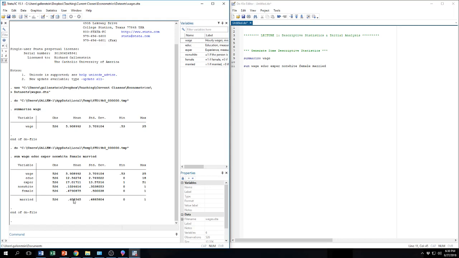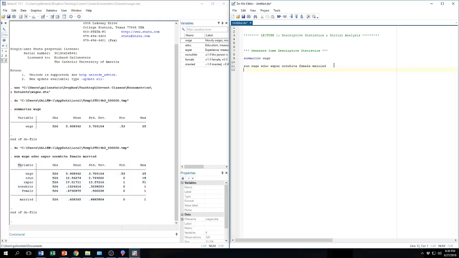If we wanted to do that, it would be important for us to at least know the descriptive statistics of wages and of married. What's the mean wage? 5.9. How many people in our sample are married? 60% of the sample are married.